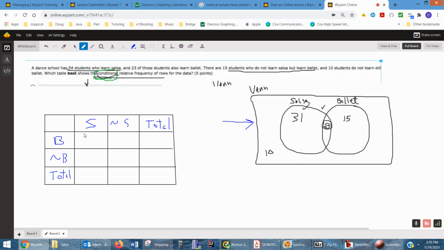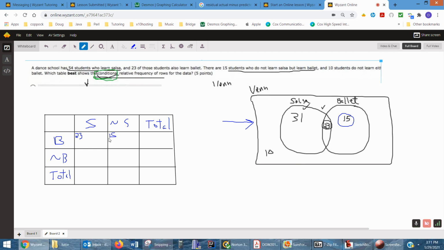But anyway, this box right here is the number of people that take salsa and ballet, and that's this 23 right here. So I'm going to put this like in the upper left-hand corner. Ballet and salsa. This box is ballet and not salsa. So ballet and not salsa would be 15.